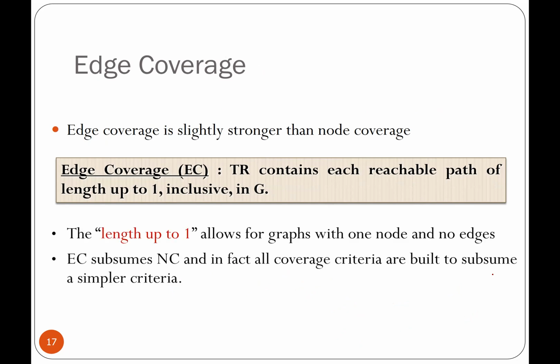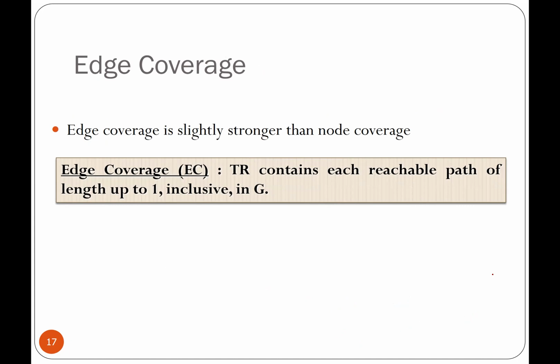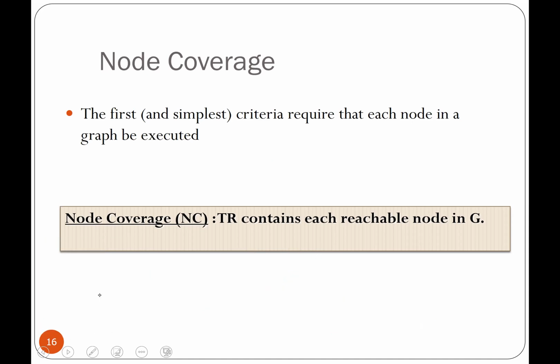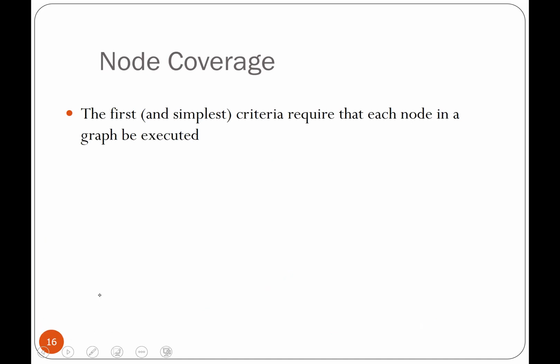Now, in the previous graph over here, my test requirement would have said edge 1, 2, which again would have been satisfied with the same test path.